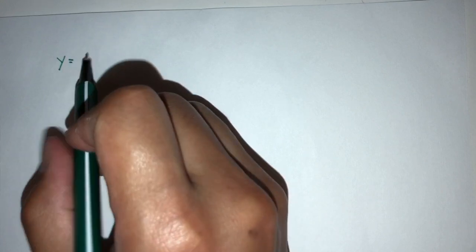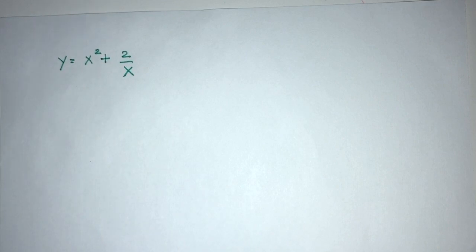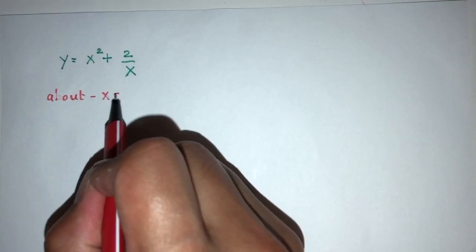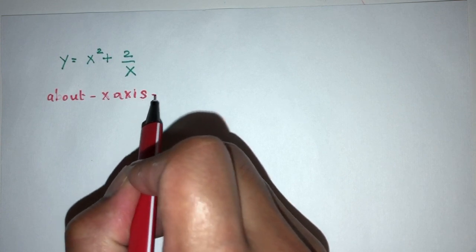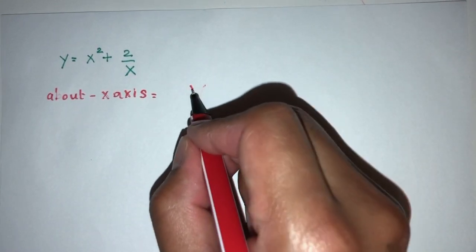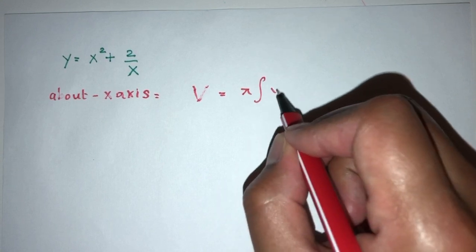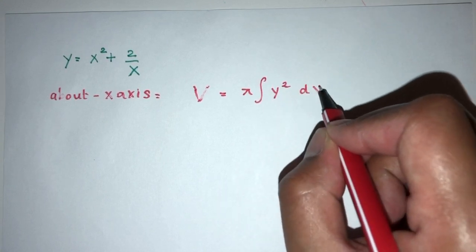We know that y is the equation of the curve, which is x squared plus 2 over x. Now we want to find the volume about the x-axis. So we know that about the x-axis, the volume has to be pi multiplied by y squared with respect to dx.